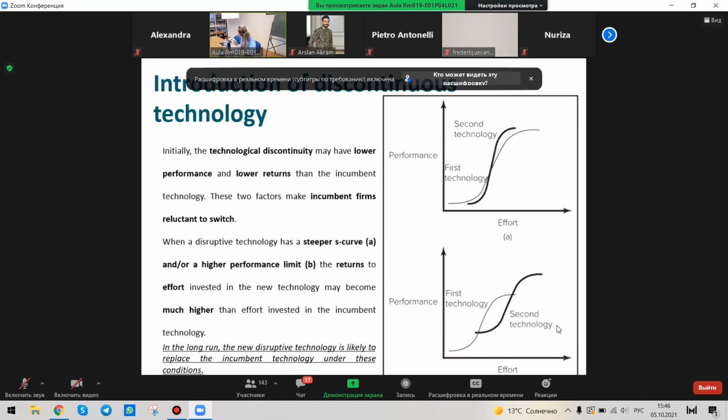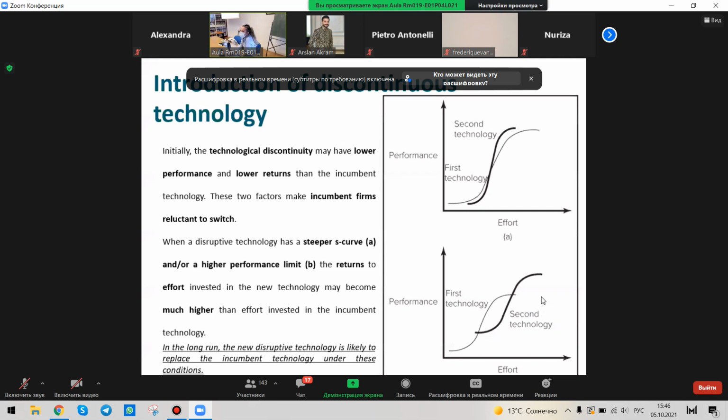Or in the other case, we might have that the second technology, so the discontinuous technology, has a higher limit. Okay? So maybe it can be developed starting from a point of the pre-existing technology and just having a higher limit.